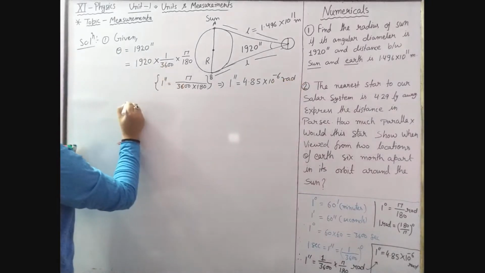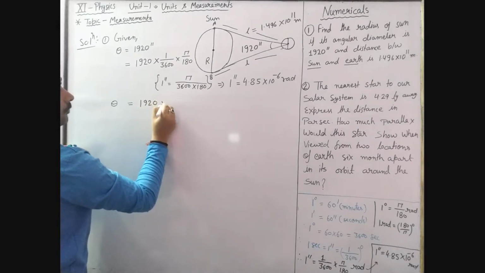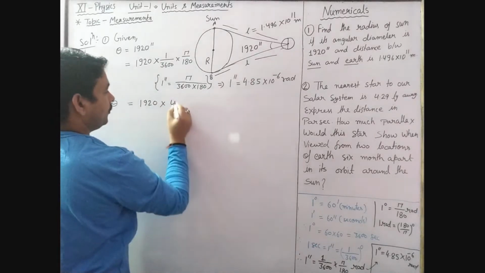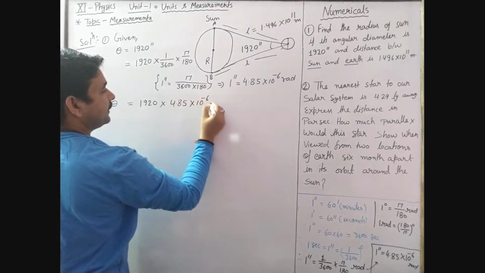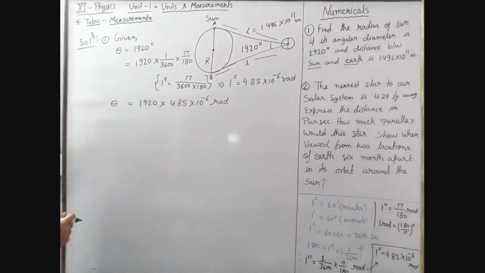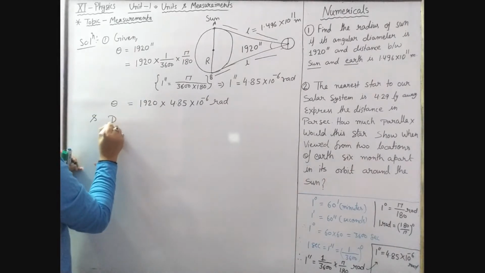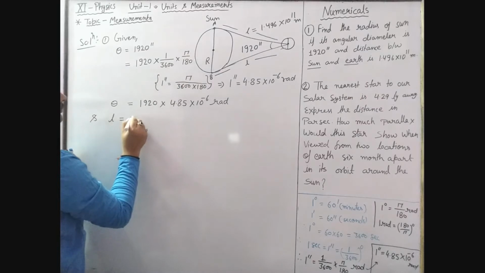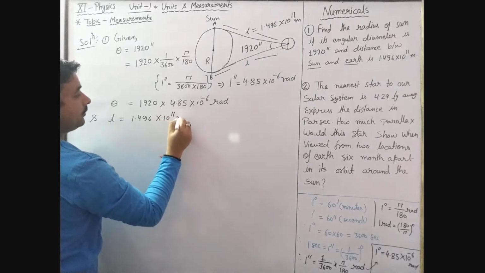So after solving we get 1920 into 4.85 into 10 to the power minus 6 radian. This is the value of angular diameter of sun in radian. Another thing we have given here is the distance, that means L, which is 1.496 into 10 to the power 11 meter.